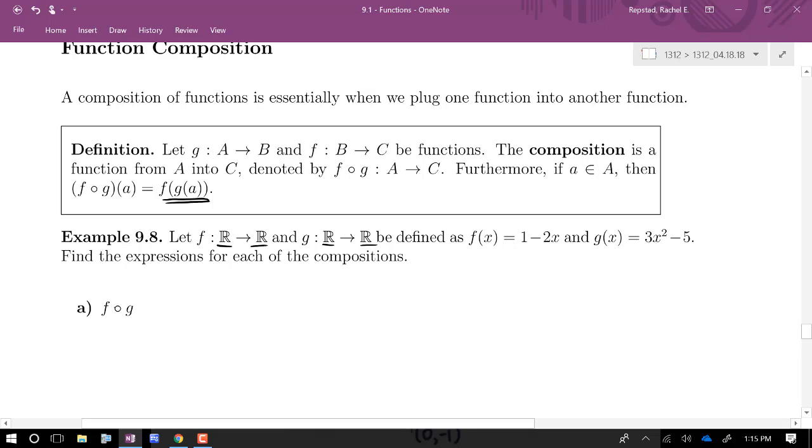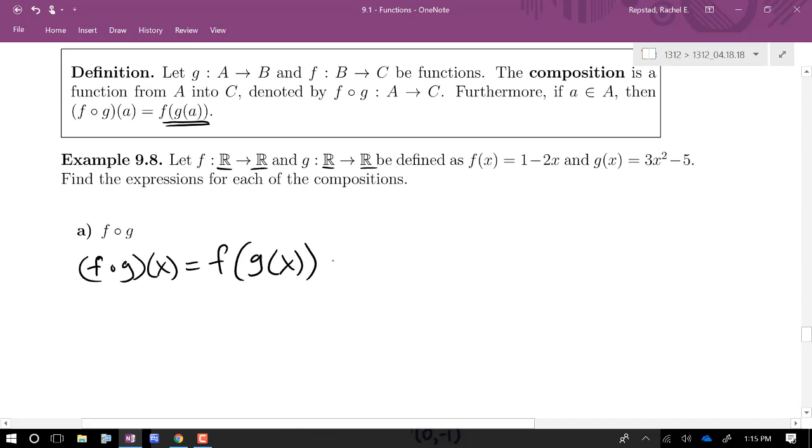So if we want the function F circle G, or F composed with G, the first thing I do is just rewrite it as F of G of x. This says that I'm just going to take the G of x function and plug that into F.